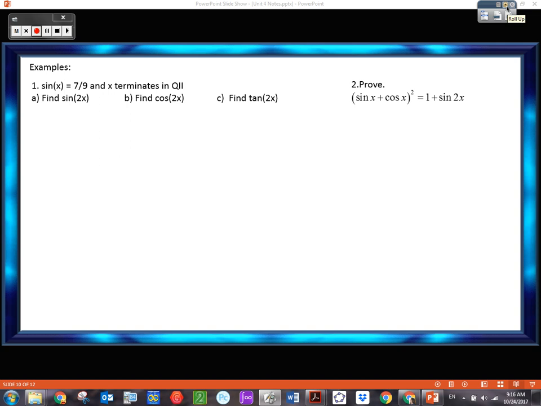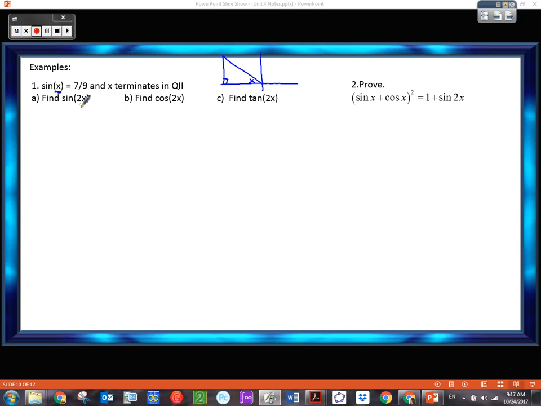So on this first example, this is similar to some of the things that we did yesterday. We are told that sine x equals 7/9 and x terminates in quadrant 2. This is where we get to draw triangles. So let's draw a triangle in quadrant 2. And I'm going to label that angle x because that's the variable that they're using.